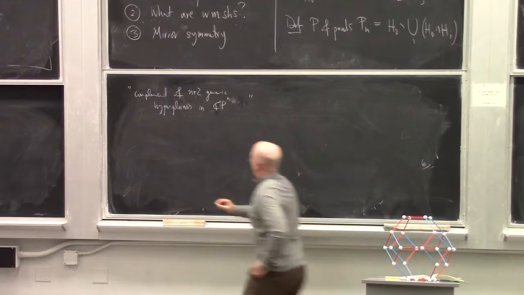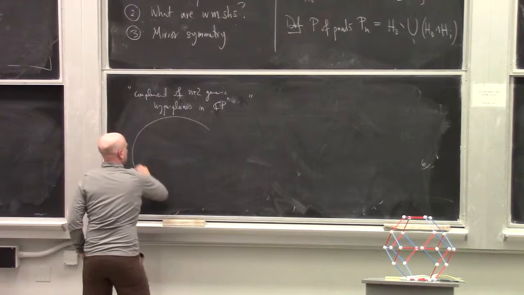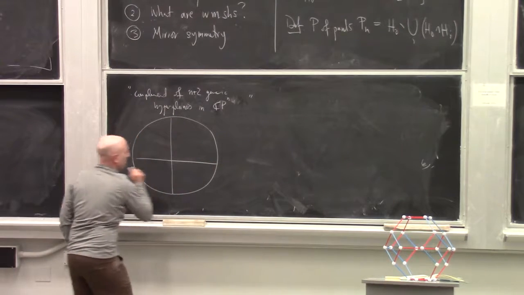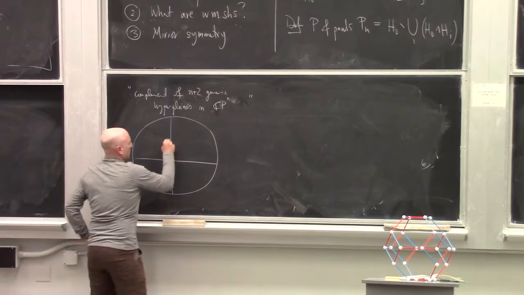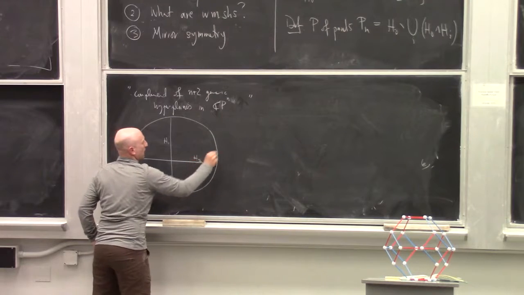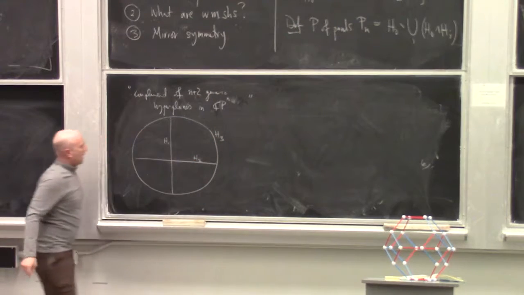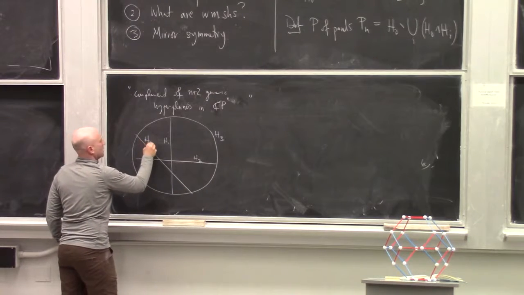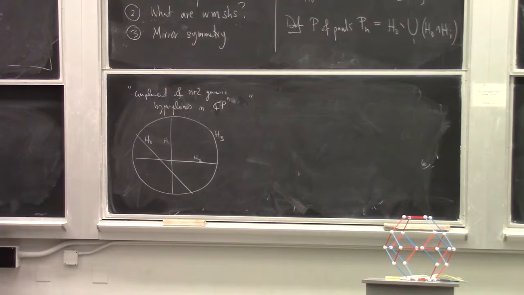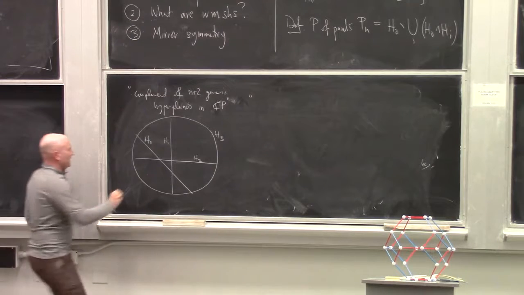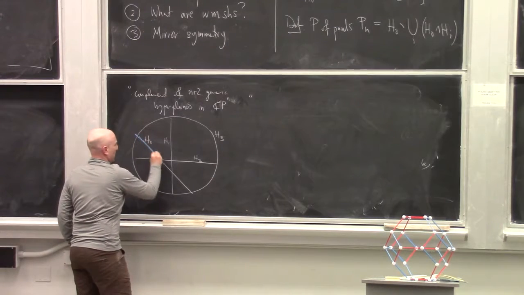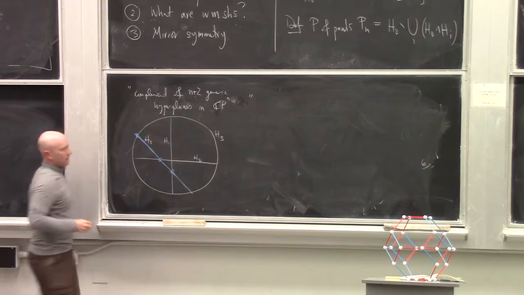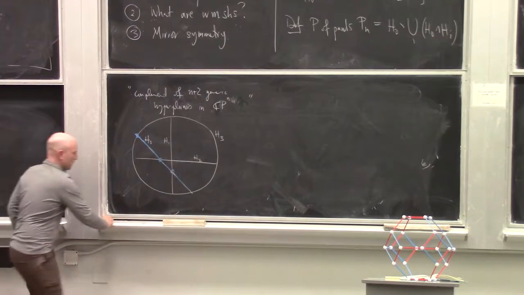So let me just draw a picture. Here's CP^2. CP^2 has H_1, H_2, and H_3, and then H_0 is this guy. So here's H_0, and when we remove these intersection points, we see that we get a line minus 3 points.